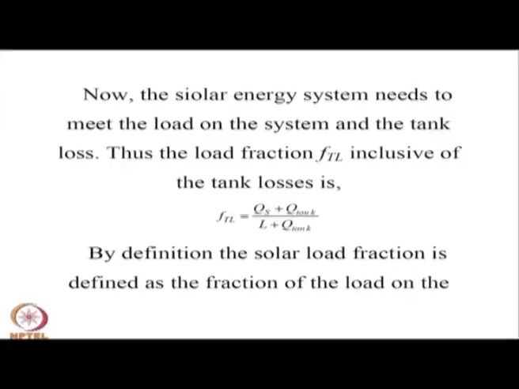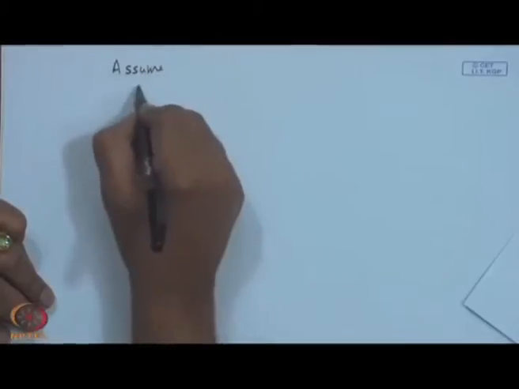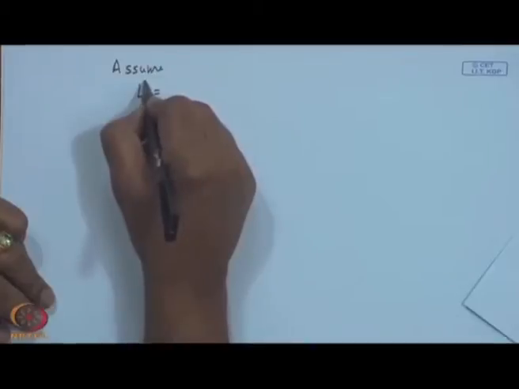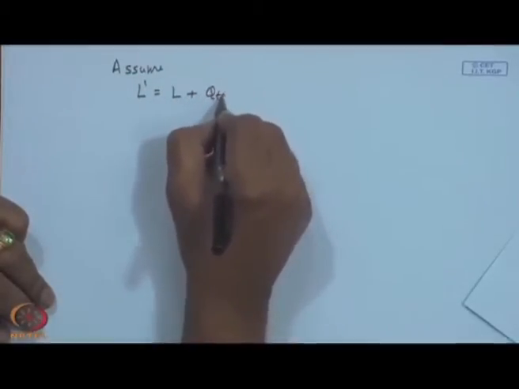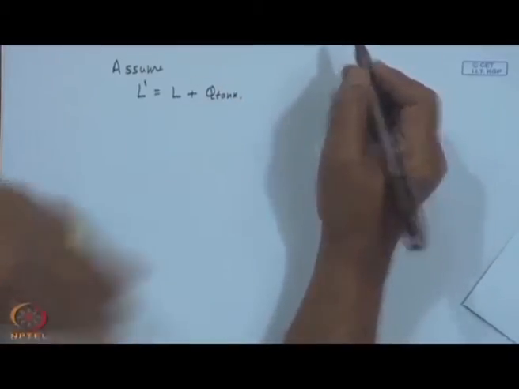So, what I shall do is assume load now will be equal to L plus Q tank. The effect of the tank loss as far as the solar energy system is concerned, it looks like an additional load.